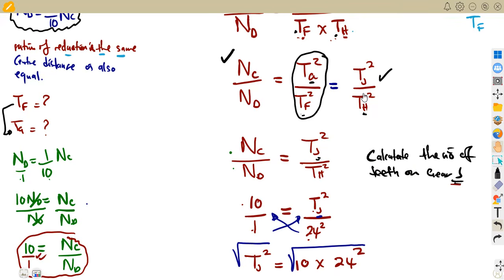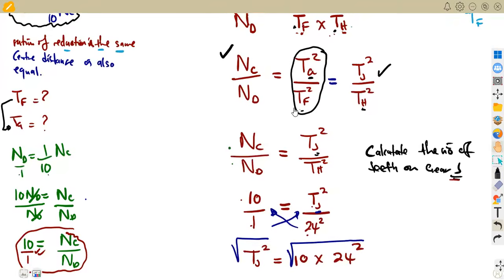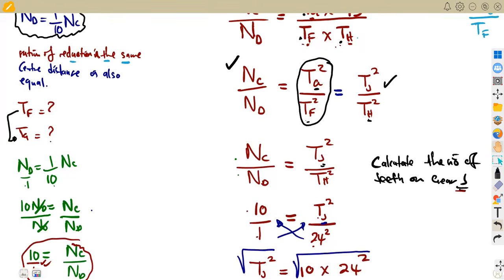Remember what I said, from the concept that we have the same reduction, the ratio of reduction is the same. From that concept alone, it also means that the center distance is equal.